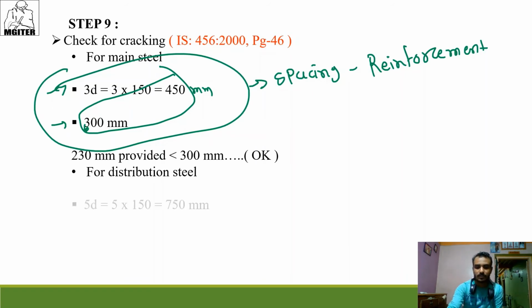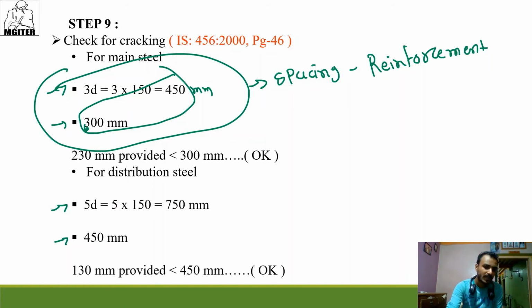Second, for the distribution steel, your values are 5D and 450. 5 into 150 is equal to 750 mm. And the second one is 450. What did we provide? 130 mm. No, not 130, it's 230. 230 mm provided, which is less than 450 mm.